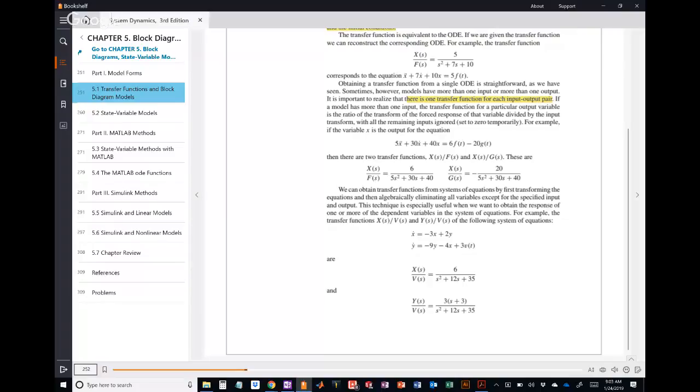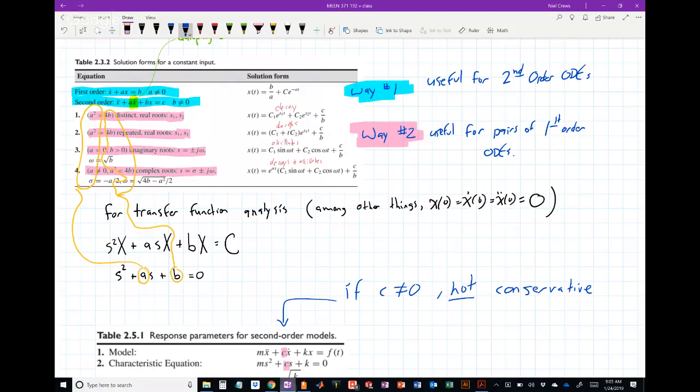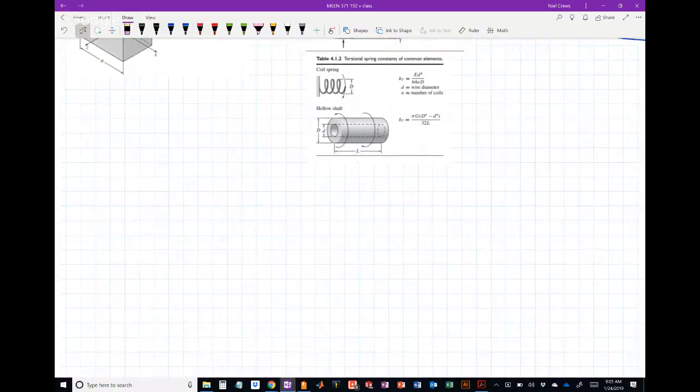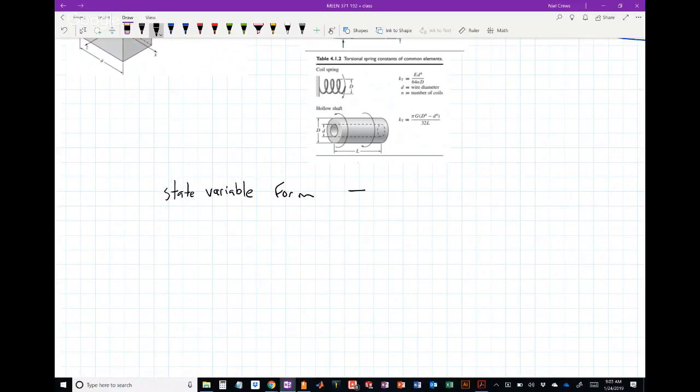So your state variable form here, maybe I'll write this down. This is going to be sets of first order equations, of first order ODEs.